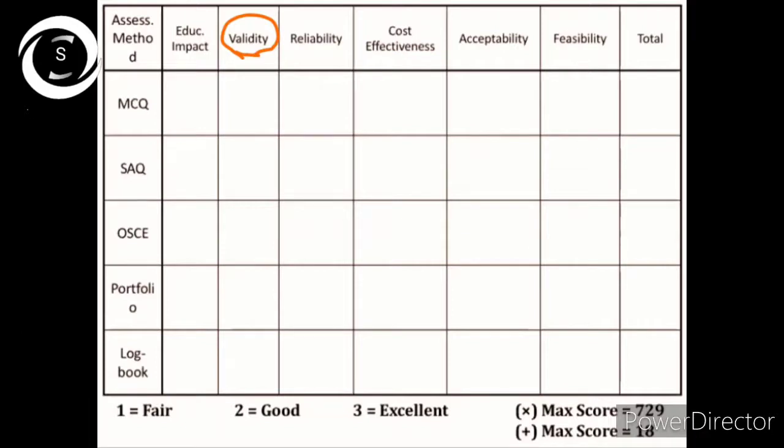So now let's discuss one by one, like what is validity? Validity means the extent to which a test measures what is intended to be measured and nothing else. Let me give you an example. An anatomy MCQ test was taken for the first year MBBS students, and anatomy was taught for the upper limb, lower limb, head and neck region, and in the paper almost 40% of questions came from the abdomen anatomy.